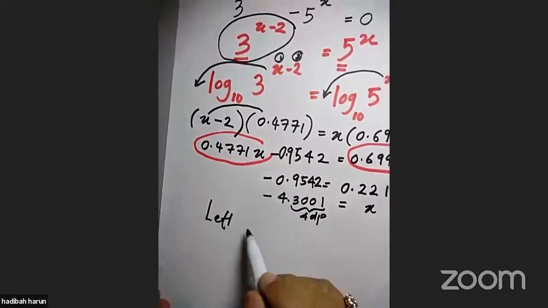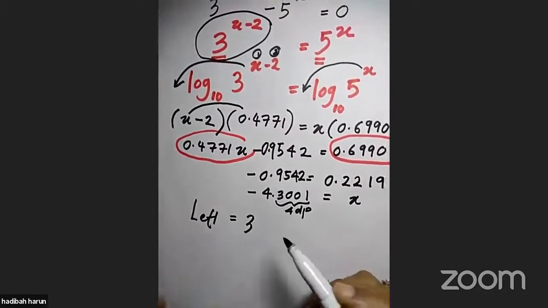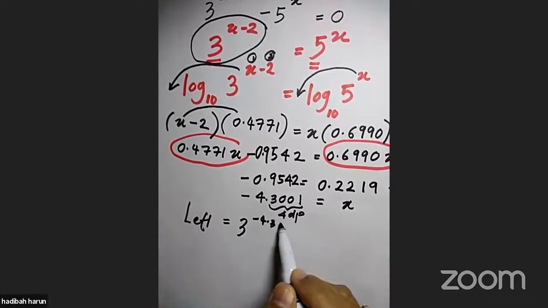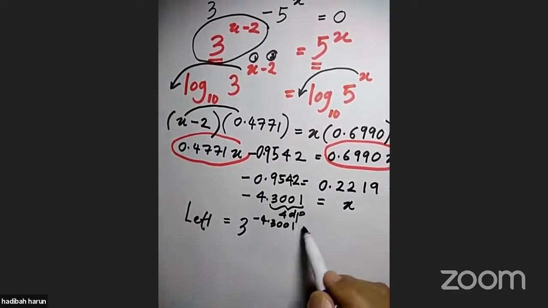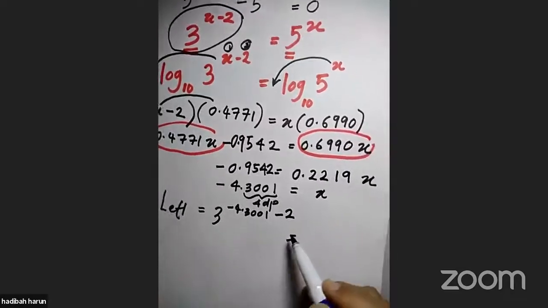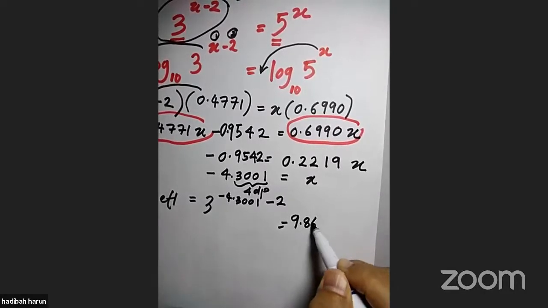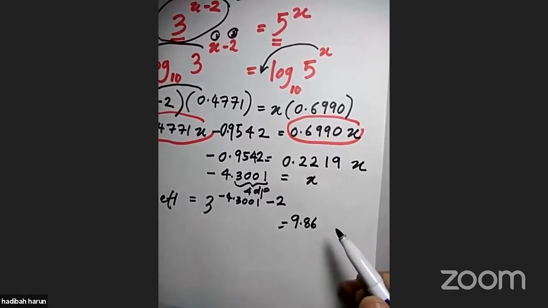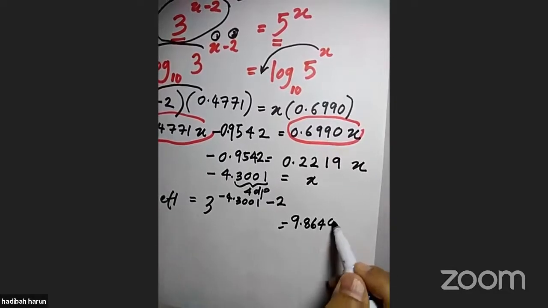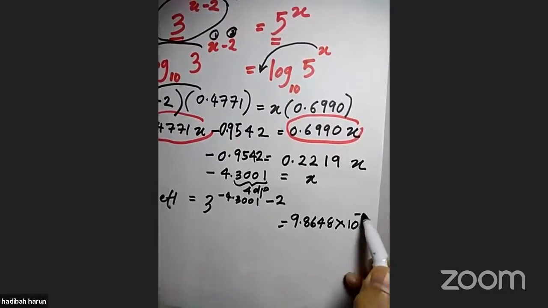On the left, 3 to the power of x minus 2, where x is minus 4.3001. You press your calculator and you will get 9 point something, 8648, times 10 to the power of negative 4.